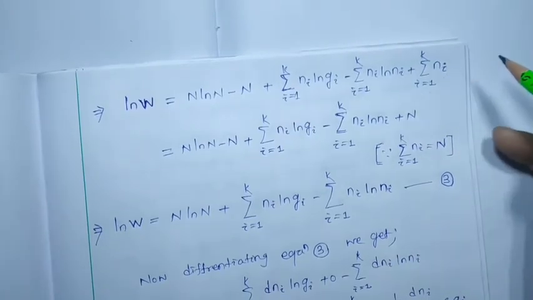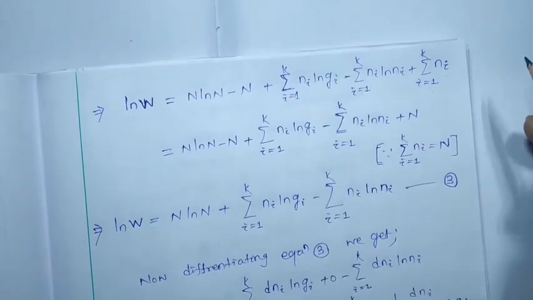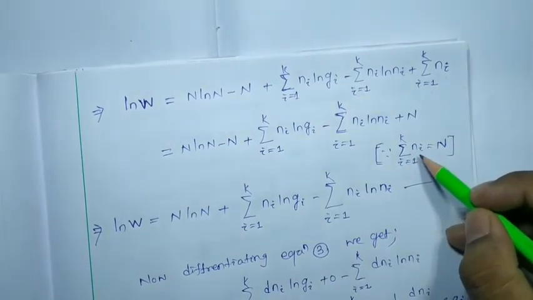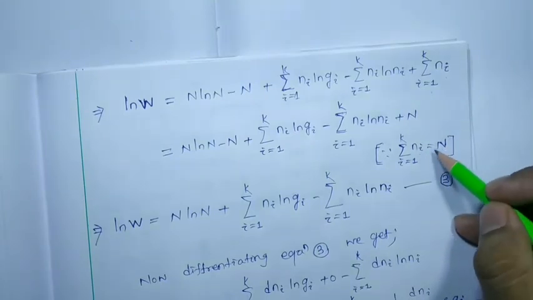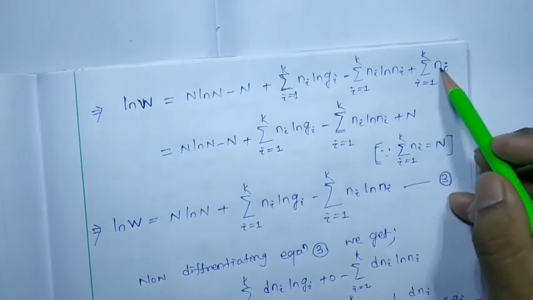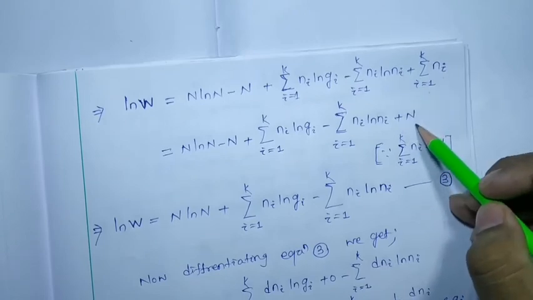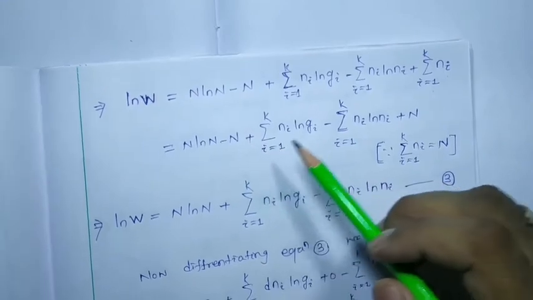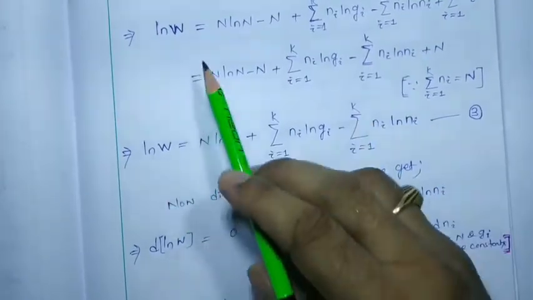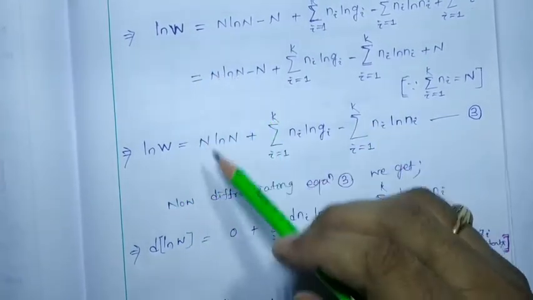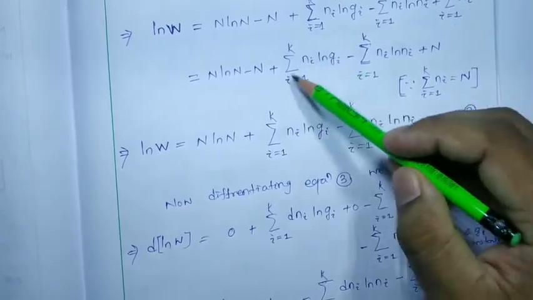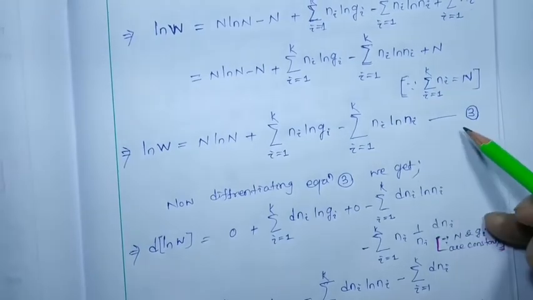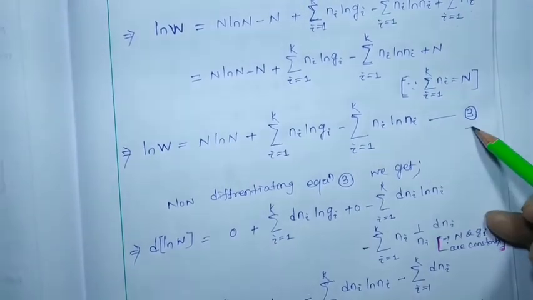Now you can see that summation over ni is nothing but your total number of molecules N. So instead of this one I can write N. So here N plus N minus N got cancelled. So what we found, ln W equals N ln N plus this term, this term I have written as such. Let it be your equation number 3.